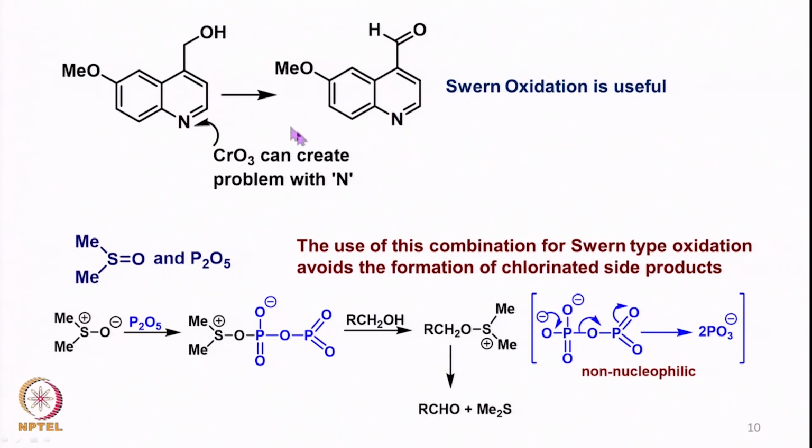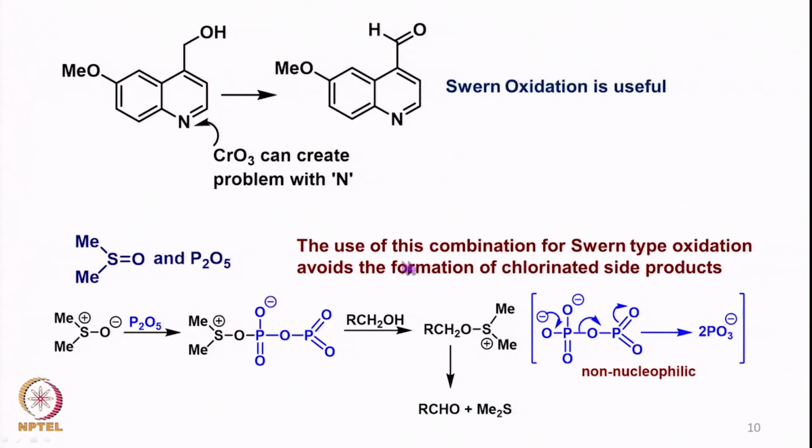In these cases of course one can make use of Swern oxidation, but in Swern oxidation, as we discussed, chloride becomes a leaving group, and then chlorine based products are formed as side products.